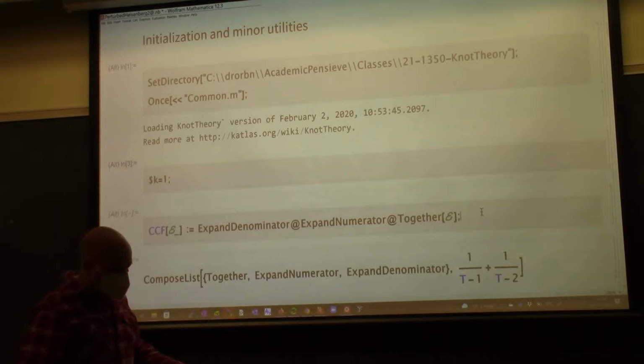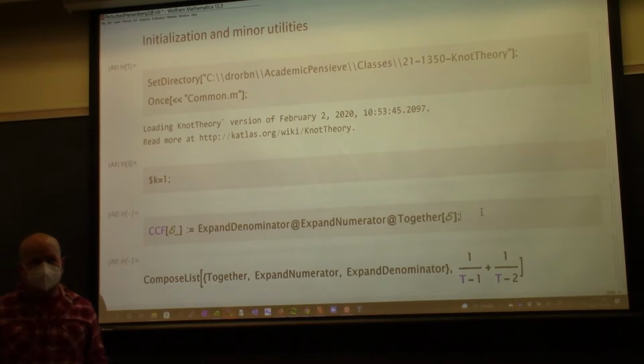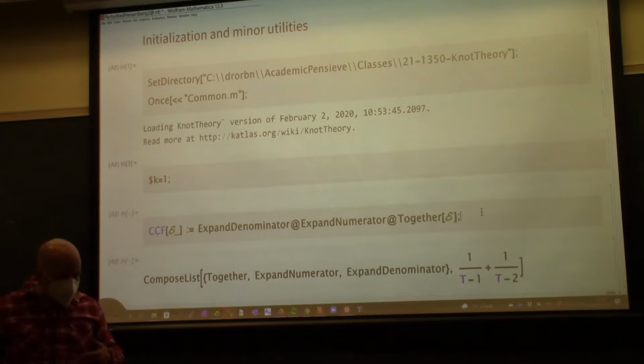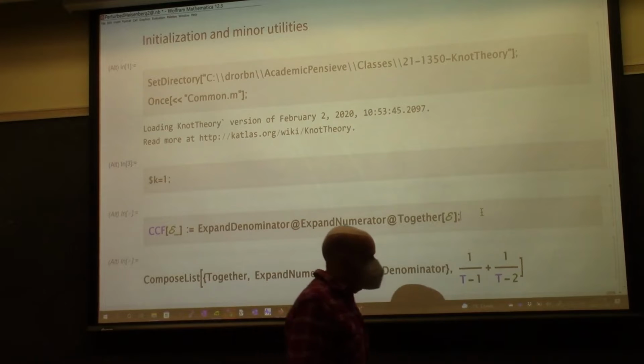In general, when you want to compare things, you need to bring them to canonical form. So the things we care about are going to be the functions we care about.